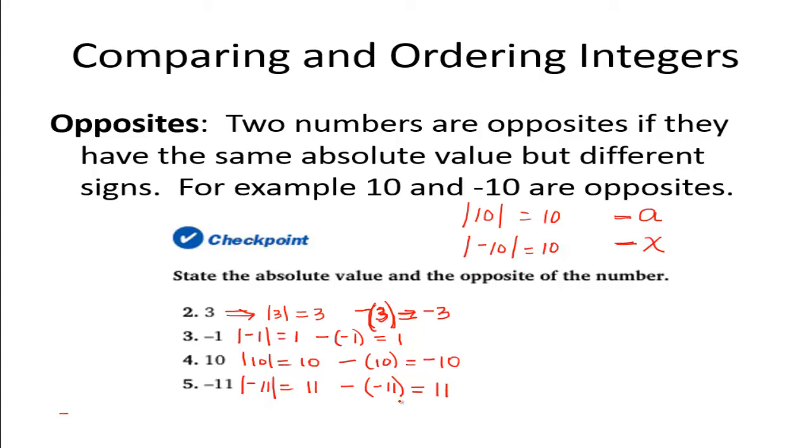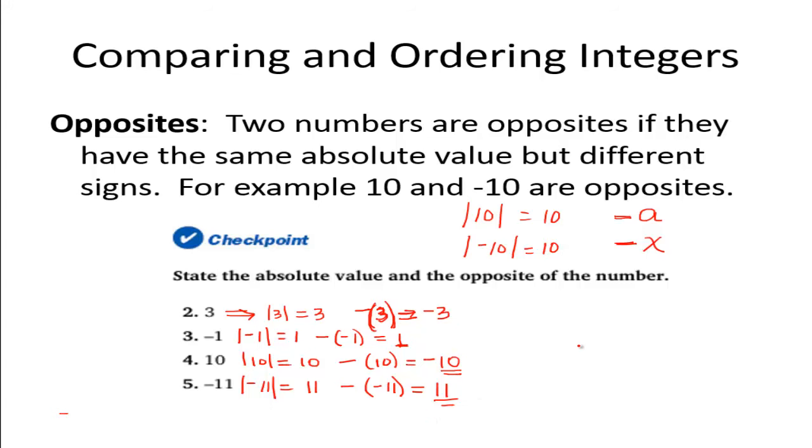Okay? So the opposite of a negative number is the positive number. The opposite of a positive number is its negative. Same thing here, I have a negative number, its opposite is positive. Okay, but this would be the correct notation. It would be the opposite of the negative number, which is 11.